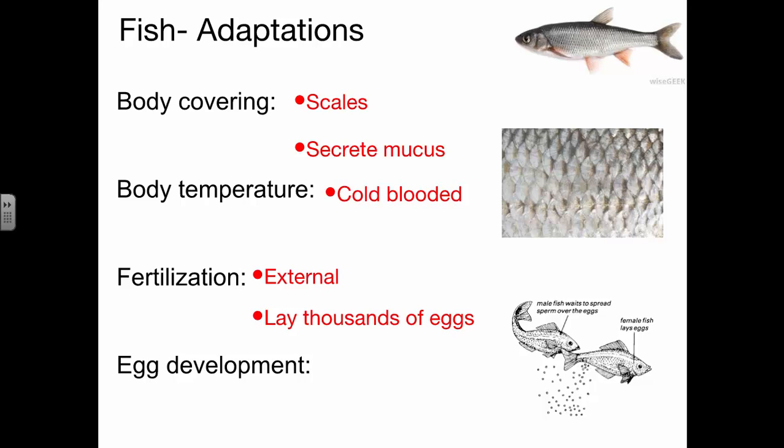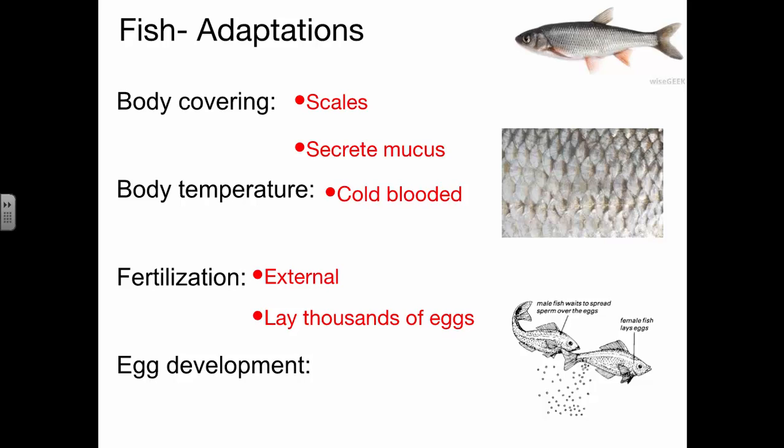Some fish can release hundreds of thousands. These are unfertilized eggs. She releases them into the water, and at the same time, the male fish releases sperm cells also into the water. And some of those sperm cells fertilize some of those egg cells. But that happens outside of the body.